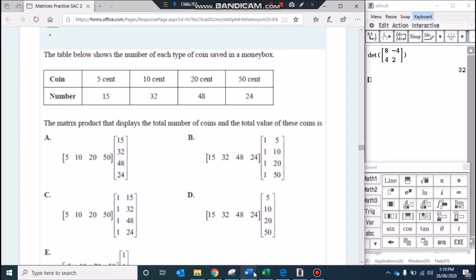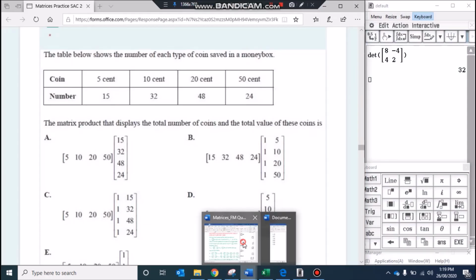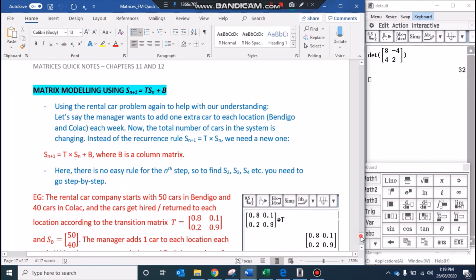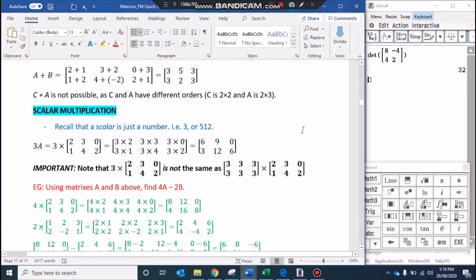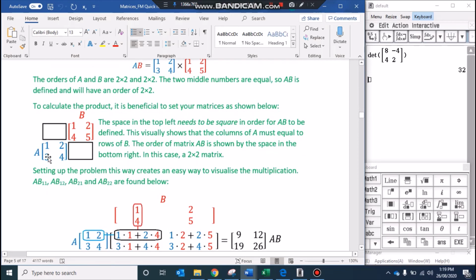Now, the way I like to think of it in my head, the way I know just by looking at it, is that intersection rule that we looked at.